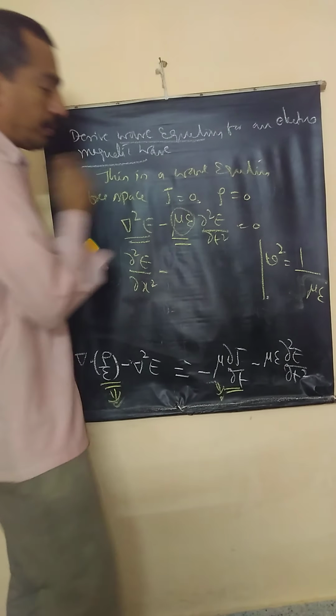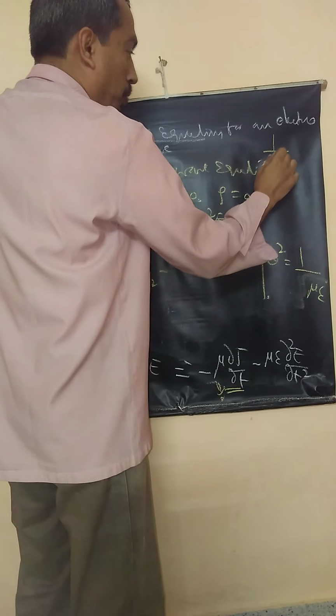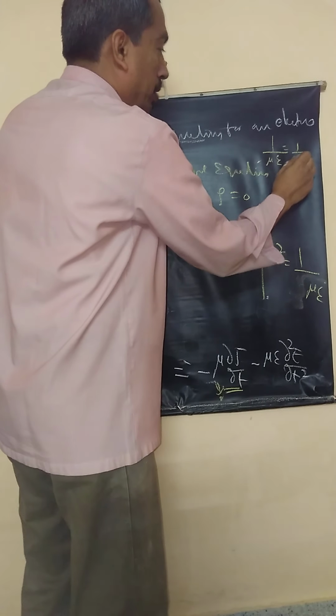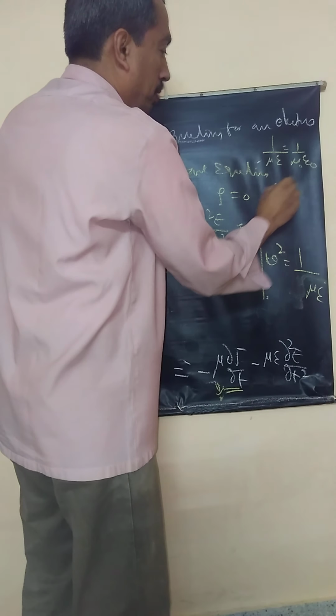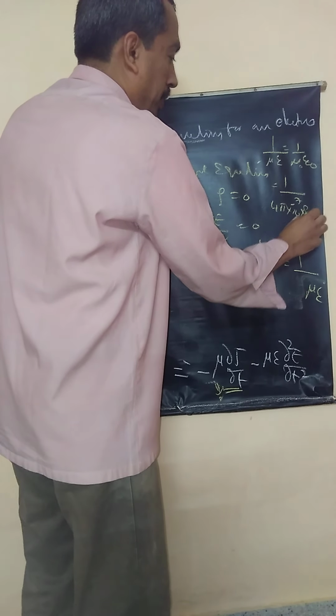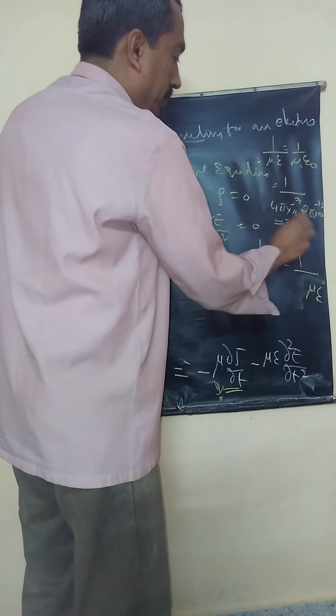Please do this exercise. Find out what 1 by mu epsilon is for free space. 1 by mu naught epsilon naught will be 1 by 4 pi into 10 power minus 7 times 8.85 into 10 power minus 12. You simplify this, you will get 3 into 10 power 8 meter per second.